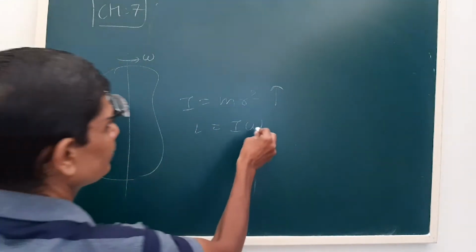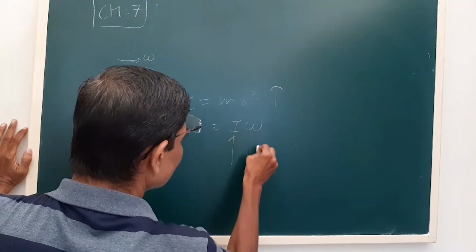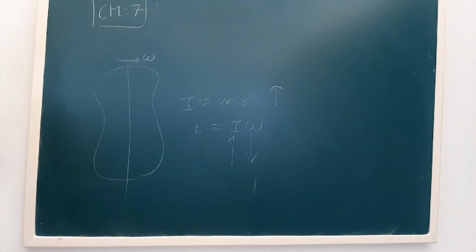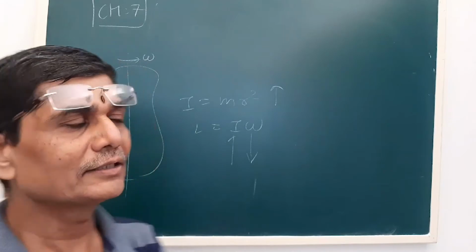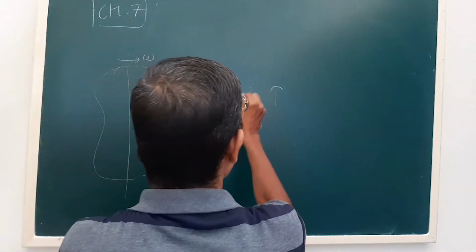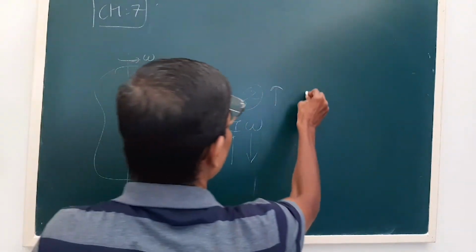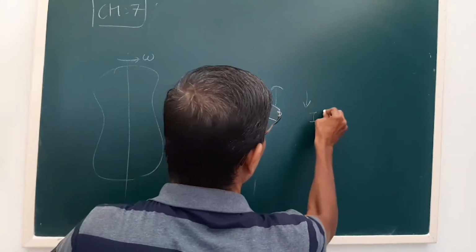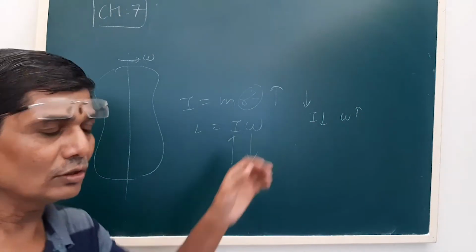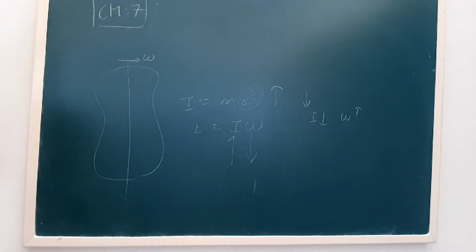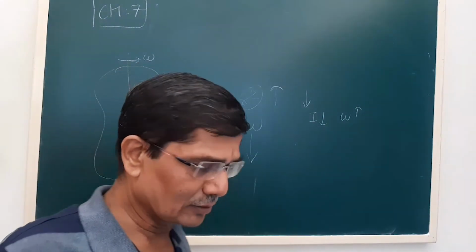When I increases, omega will decrease, so their angular speed will decrease. And when they fold their hands like this, this R will decrease, so I will decrease and omega will increase. So this is also an example of law of conservation of angular momentum.